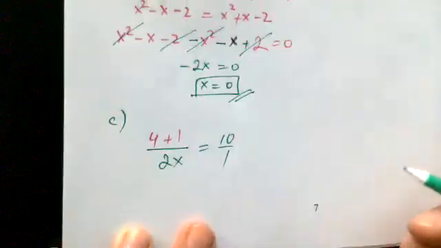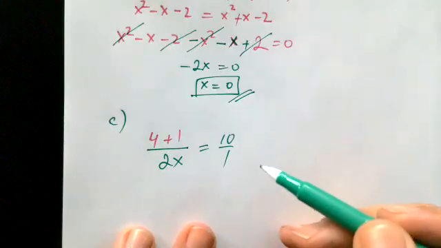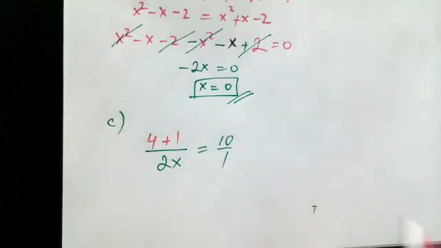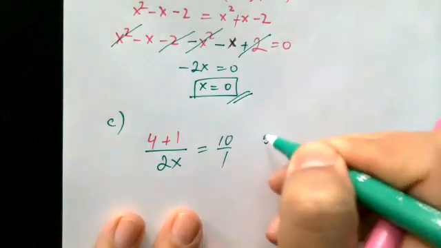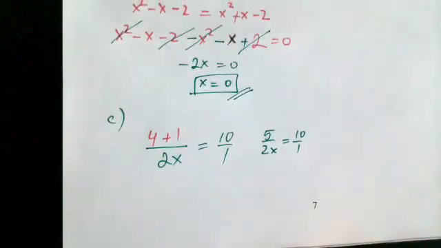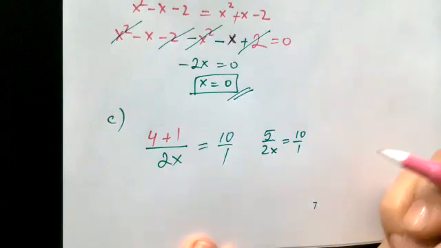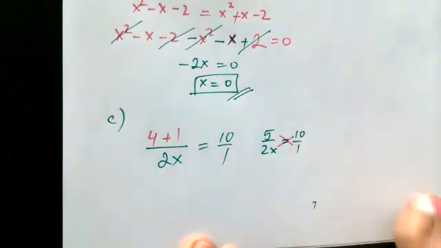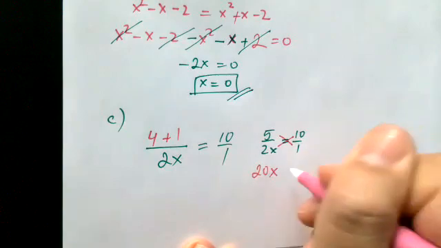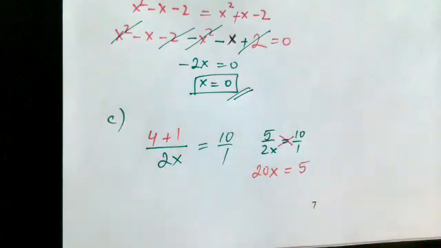Any number can be written as a fraction by doing over 1. So there's your proportion, right? Fraction equals a fraction. We can take it one more step. 5 over 2x equals 10 over 1. Cross multiplying. 2x times 10 is 20x. 5 times 1 is 5.